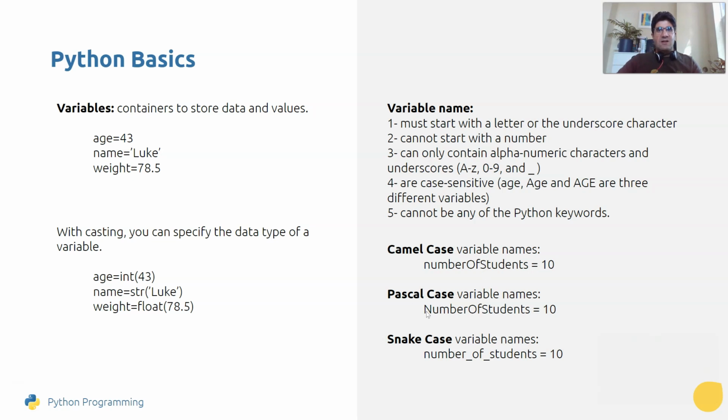In the Pascal case, all the words start with a capital. In the snake case, we use the underscore to separate the different words in a variable name. It's completely up to you. You are free to choose between one of these different types of casing for variable names.